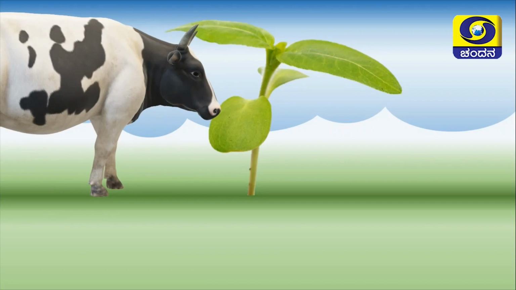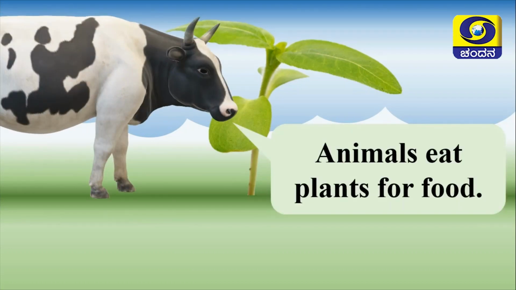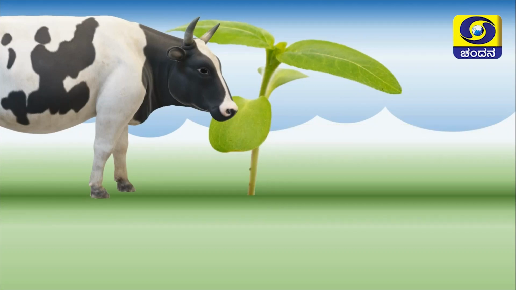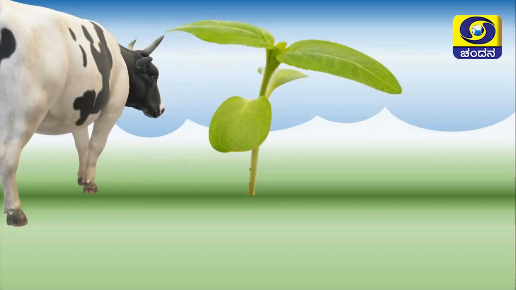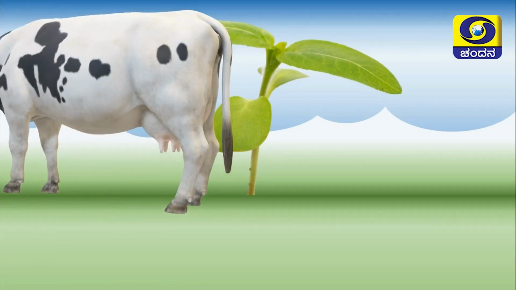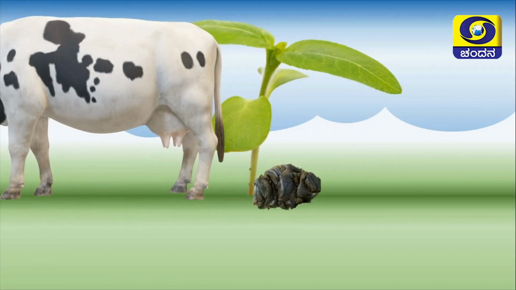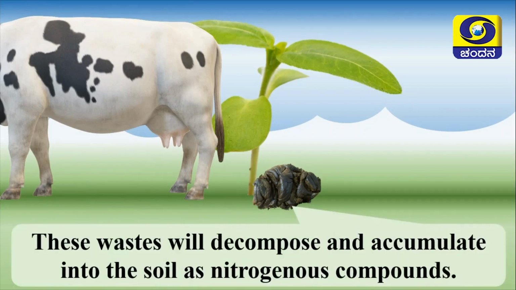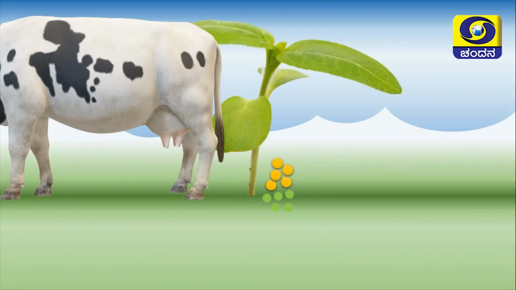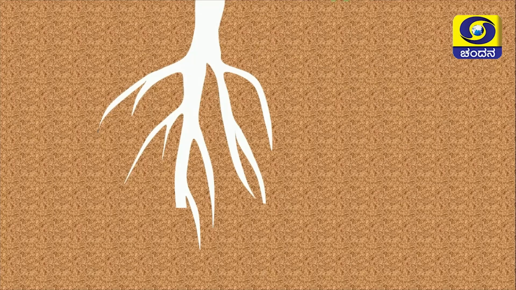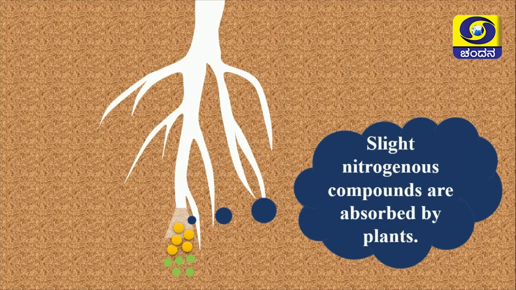When animals eat plants, nitrogenous compounds enter the animal's body. When animals excrete, these wastes decompose and accumulate in the soil as nitrogenous compounds. Some amount of nitrogenous compounds are absorbed by plants.